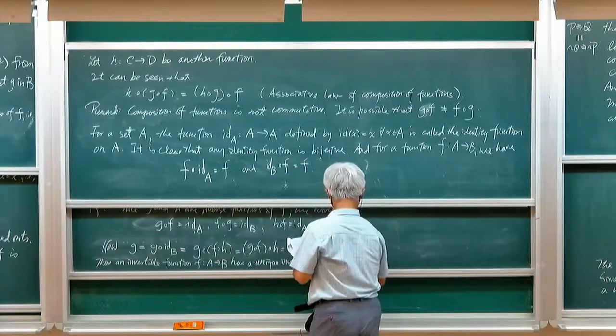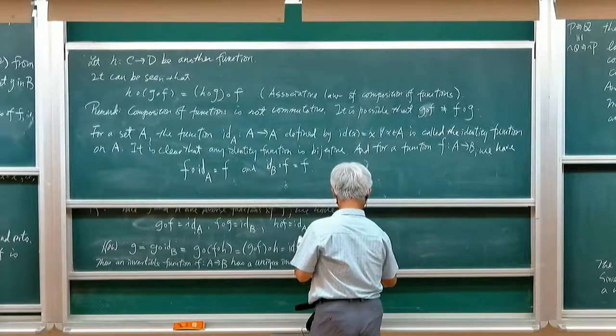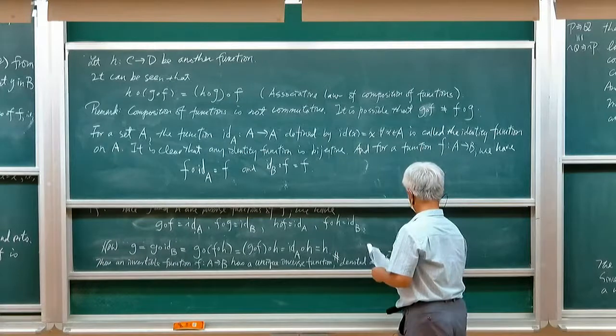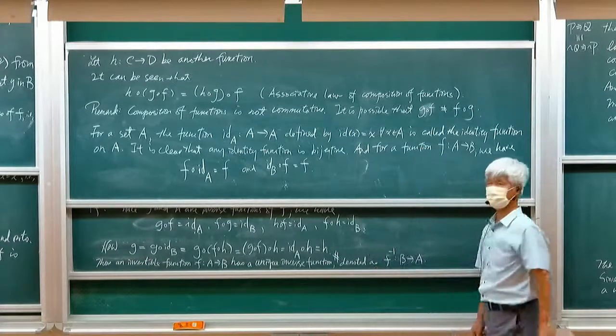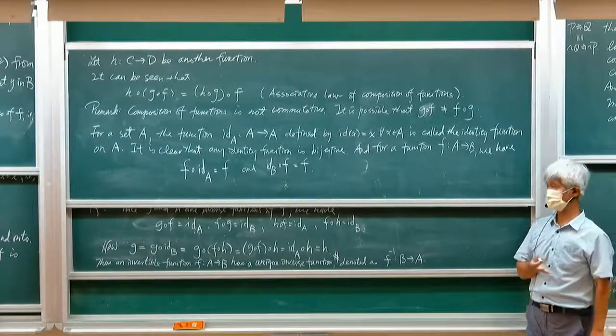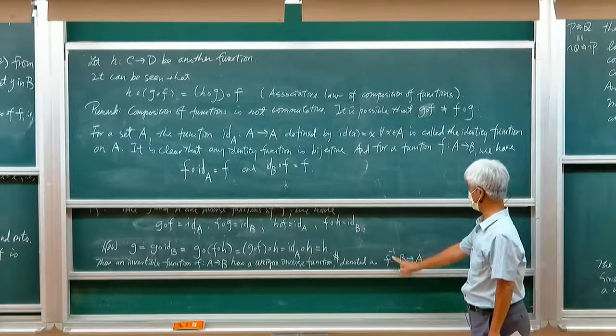We will denote this unique inverse function as f⁻¹, which is from B to A. If f is an invertible function, then its inverse is unique and will be denoted as f inverse.